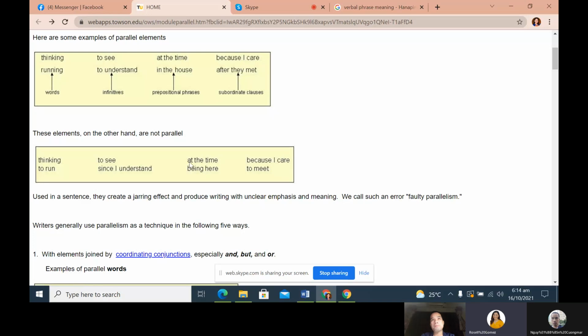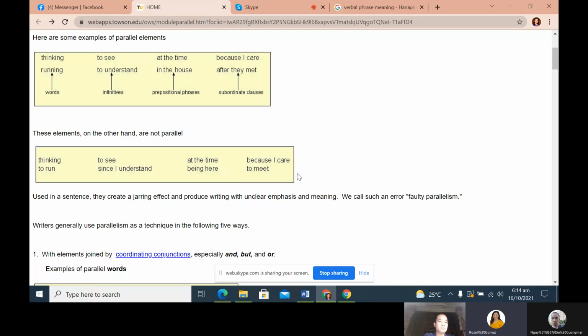A prepositional phrase is telling you about a direction. At that time, what are you doing at the time? It also tells you what events are happening at the time. Now, being here is telling you a verb, that you went there, you are there.